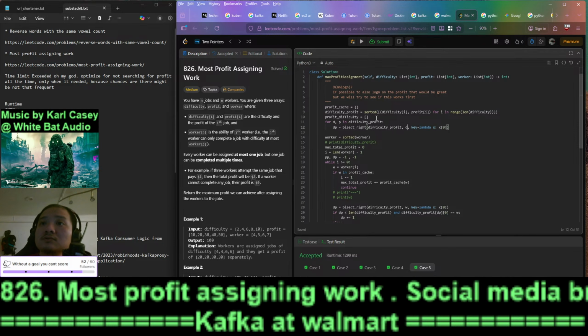So by the difficulty, it gives us that array. So we have to go from the beginning and compare with the second one here, right? So this is MP, right?